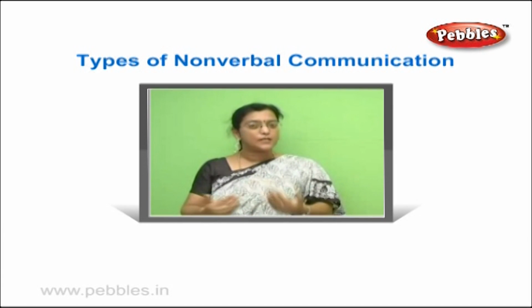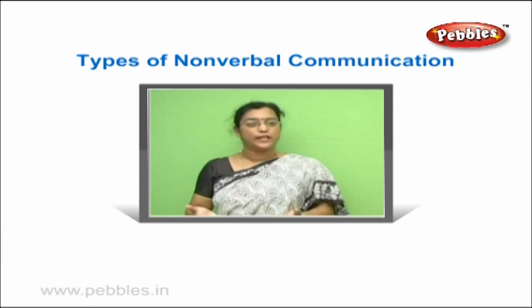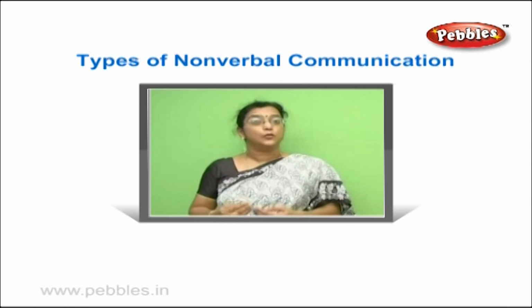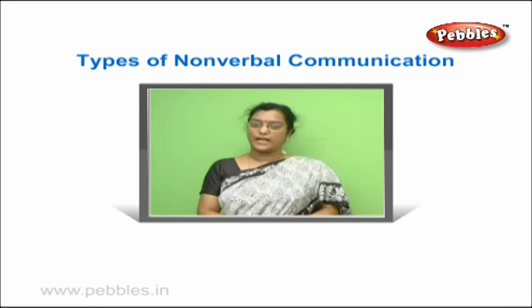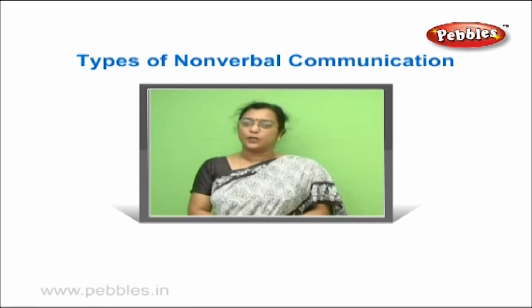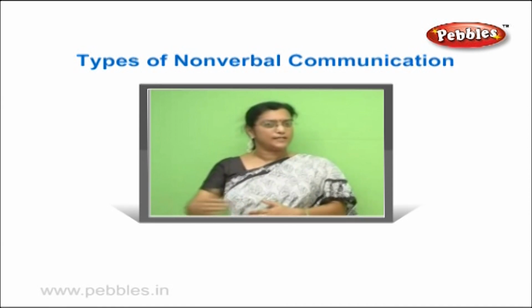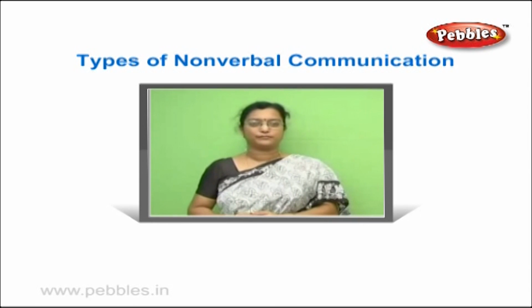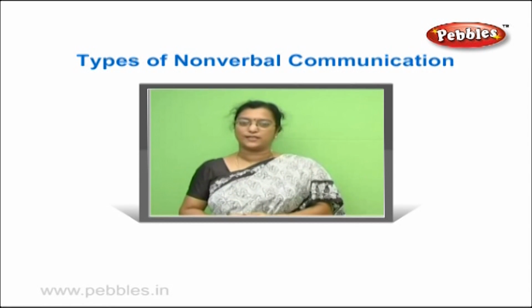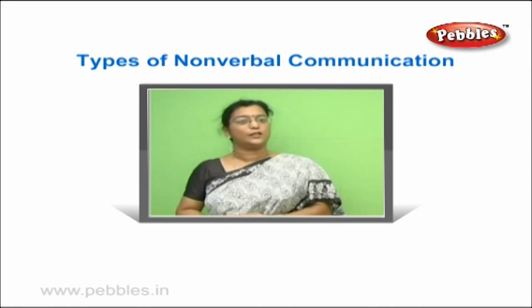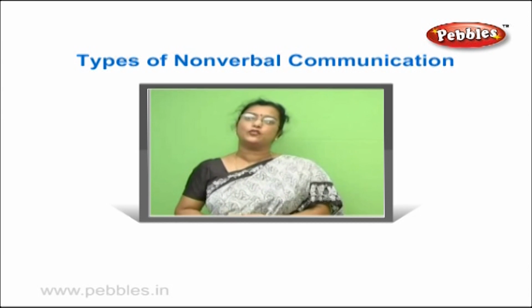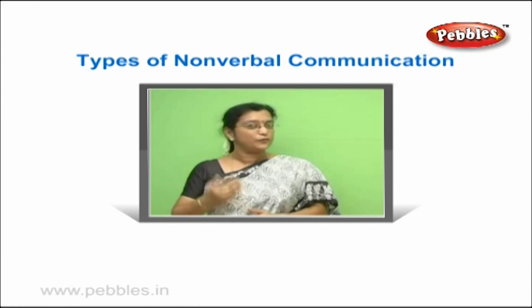Proximity. The distance we maintain while communicating with others shows our closeness to them. For example, we will be very close with our family members, but with strangers, we maintain a distance while we talk. Paralinguistics. Paralinguistics includes tone, pitch, rhythm, volume, and inflection.